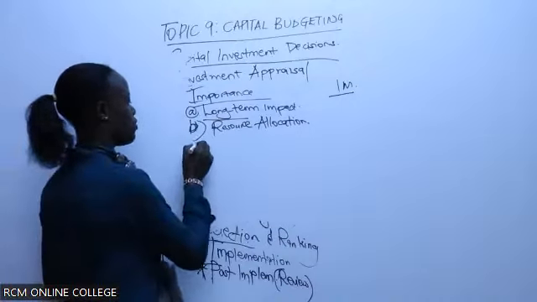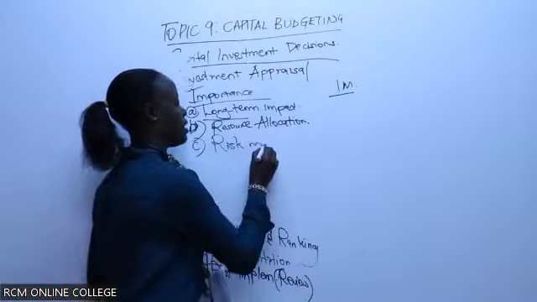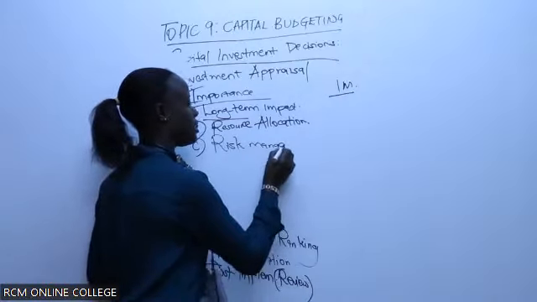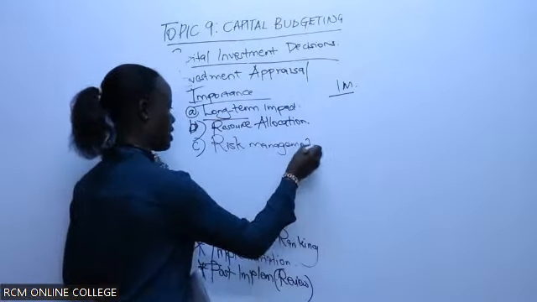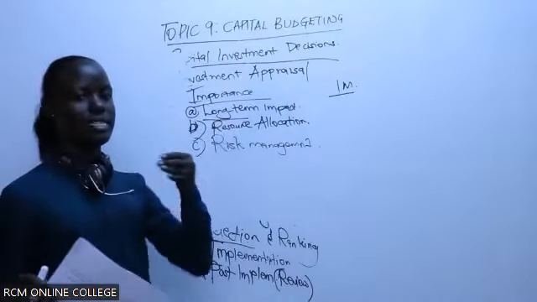We can also talk of risk management. It helps in risk management. Remember we say that one of the steps associated with capital budgeting is the risk analysis.